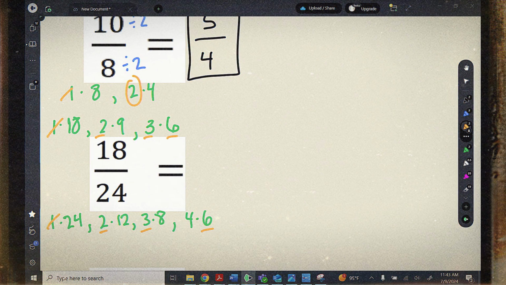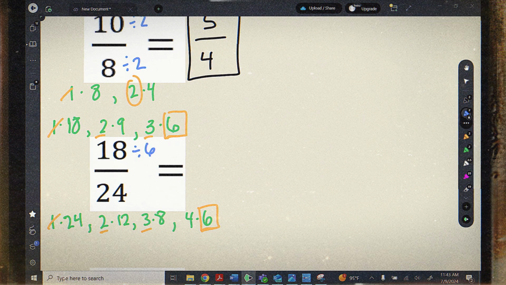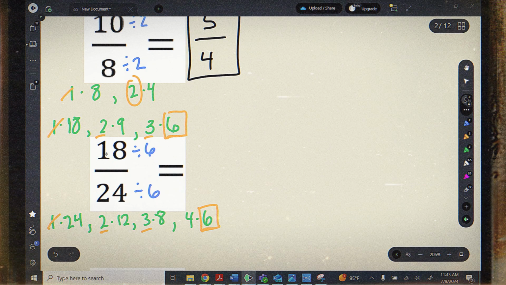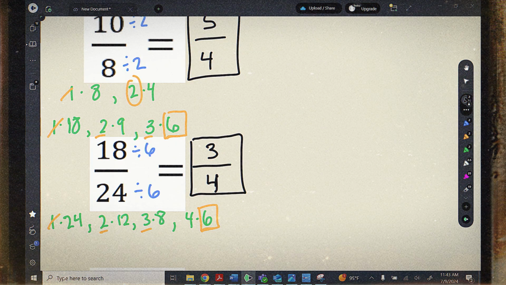When you have more than one, we need the greatest common factor. The numbers are 2, 3, and 6. The greatest of those 3 numbers is 6. So we're going to use a 6. That's what we're going to divide our fraction by. So numerator, divide by 6. Denominator, divide by 6. 18 divided by 6 is a 3. 24 divided by 6 is a 4. This is our final answer, fraction in simplified form.